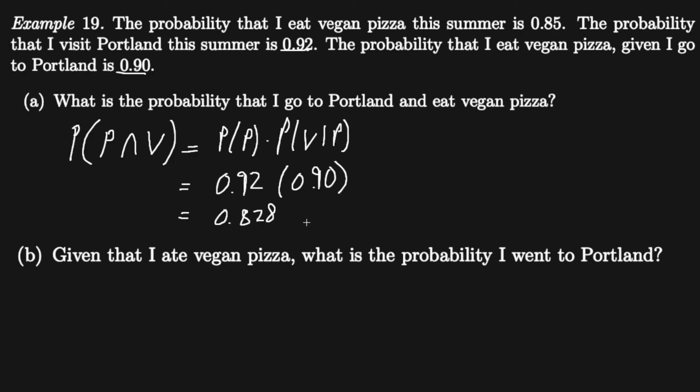Given that I ate vegan pizza, what is the probability I go to Portland? Straightforward: the probability that I go to Portland given that I ate vegan pizza.